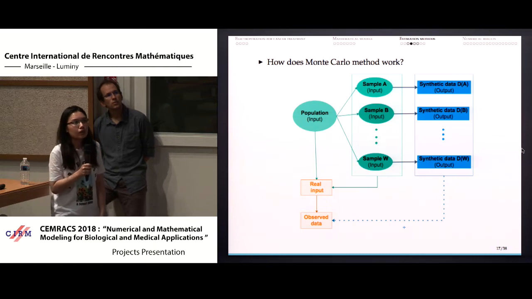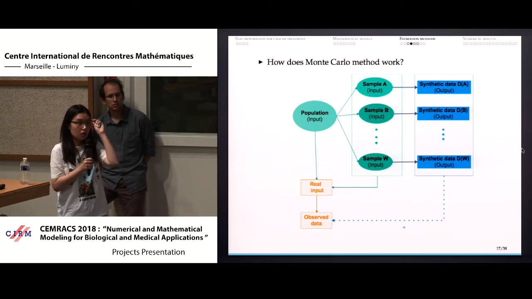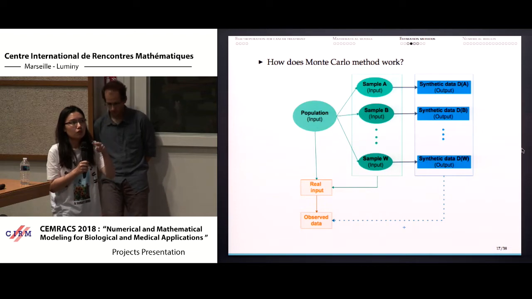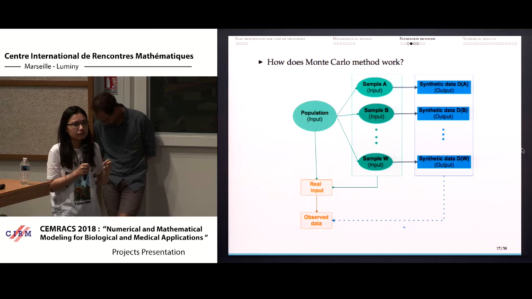If you know the distributions of the input population, each sample should follow the given distribution.